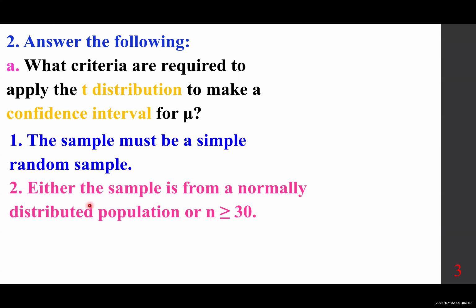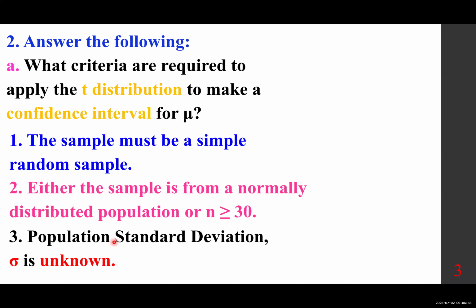Either the sample is from a normally distributed population or N is large. How large? Larger than or equal to 30. Finally, the population standard deviation sigma is unknown. So we use the T distribution when sigma is unknown. In most cases, sigma is unknown because we don't have access to the population standard deviation.